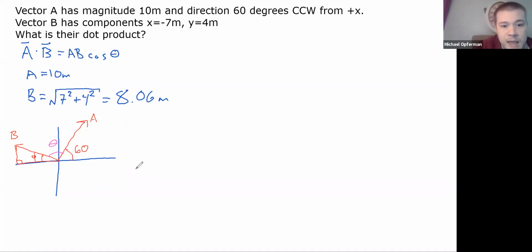Okay, so that angle, we would have tangent of that angle I just drew, phi, equals opposite over adjacent. So y component of B, that's 4, over x component of B, which is 7. In this case, you don't need to write the units because they cancel out. So 4 over 7, and then inverse tangent of that, and I got 29.7 degrees.